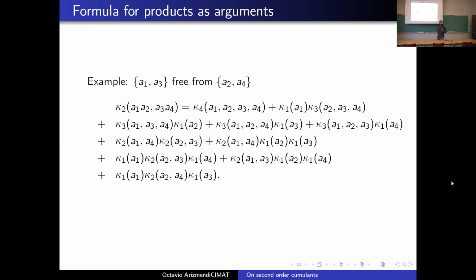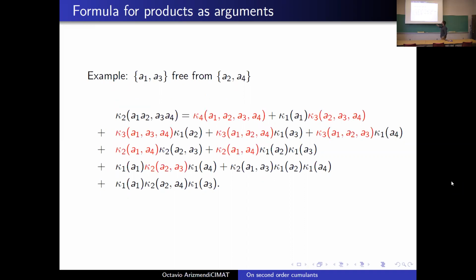Okay, and now what if they are free? If they are free, I need to use the previous result that cumulants which have at least... So I am assuming that A1 and A2 are free from A3 and A4.